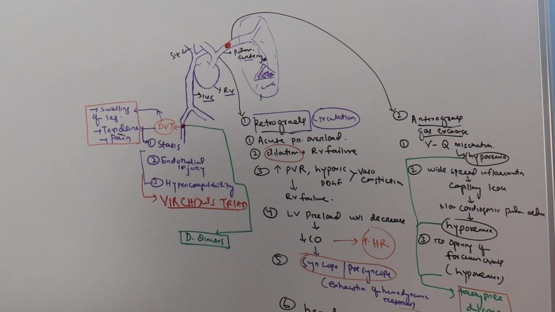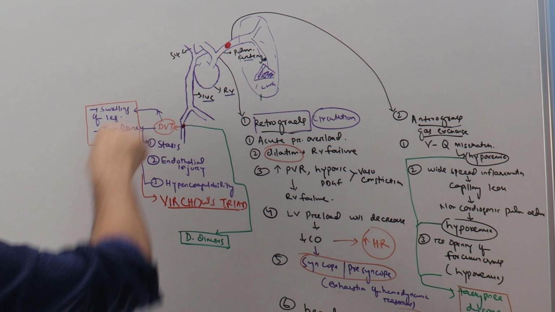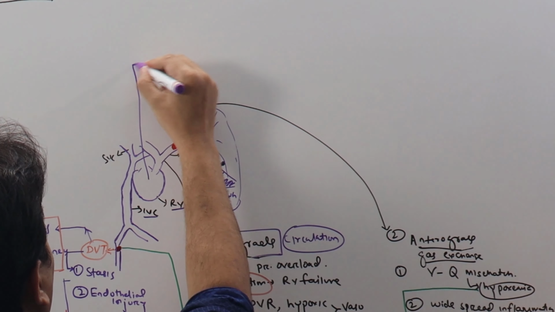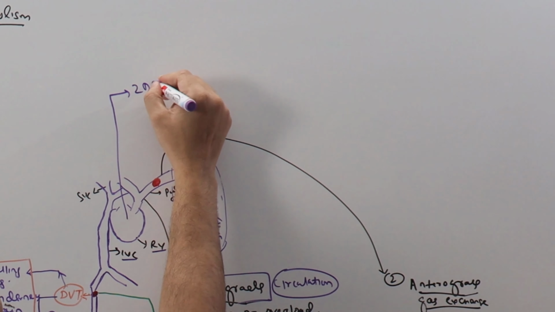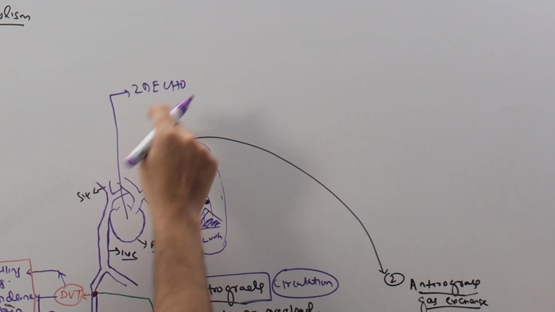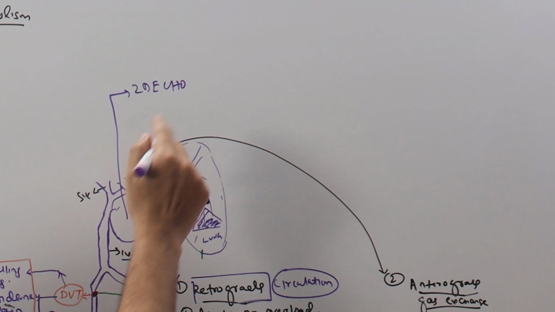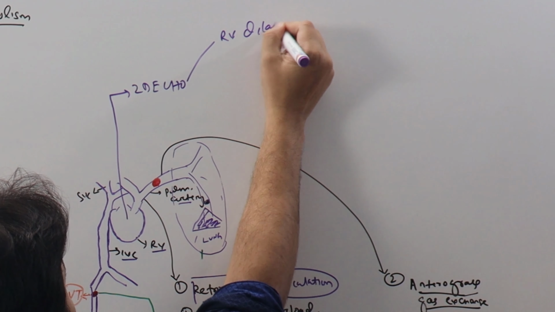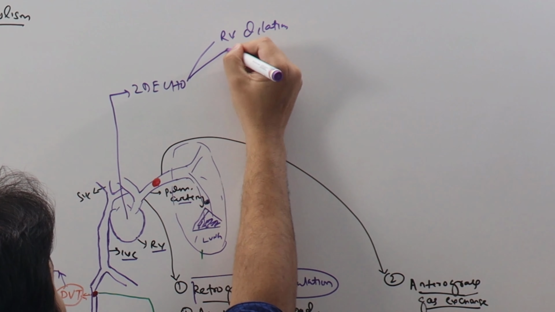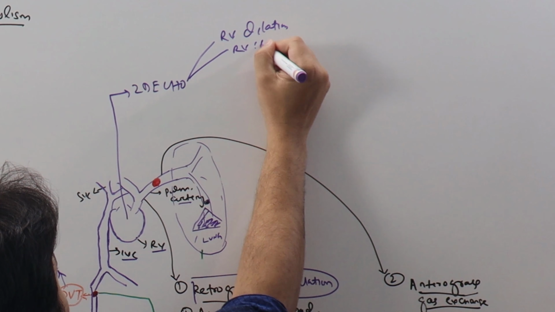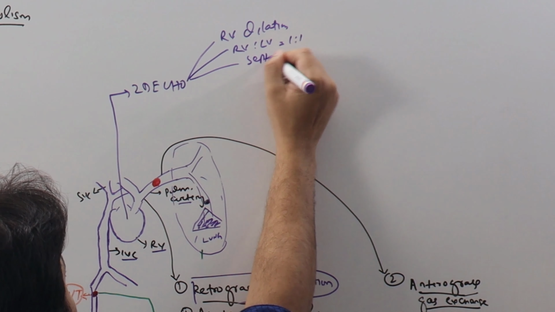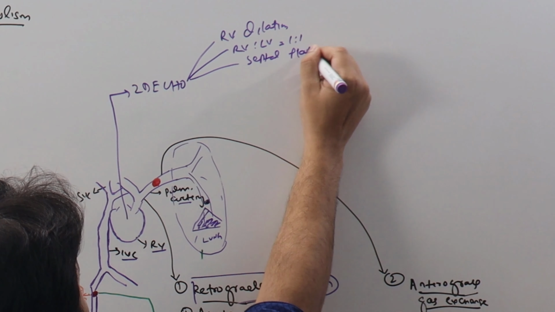At the same time, because of RV pressure overload, we can have some echo findings. If you do 2D echo, in different views of echocardiography, you will find RV dilation, RV to LV ratio 1:1, septal flattening.